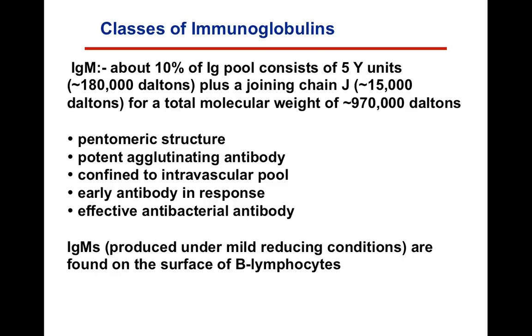The next class are IgMs, and they comprise about 10% of the immunoglobulin pool. These look very different in terms of their final structure. In their final form, there are five of these immunoglobulin units stitched together, and each one is bigger, with one more constant region, and they have a J, or joining chain.